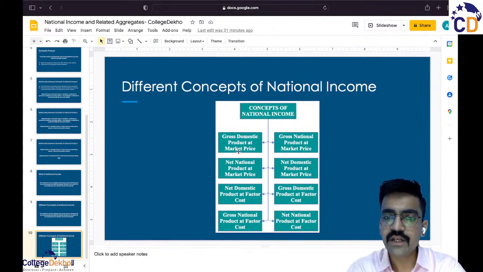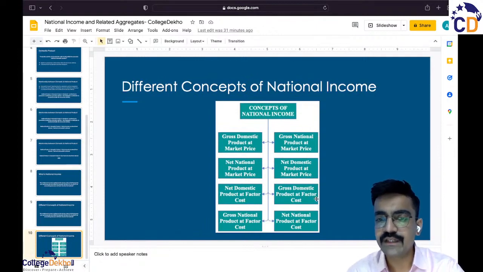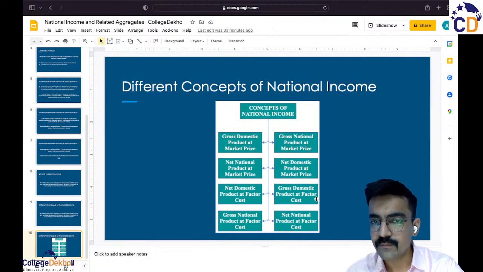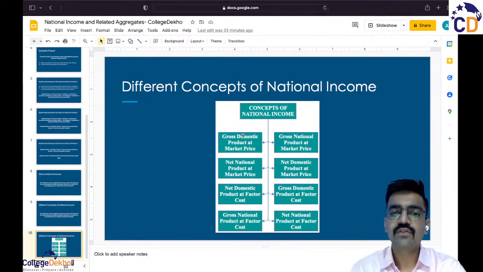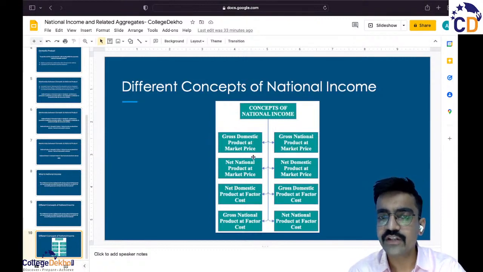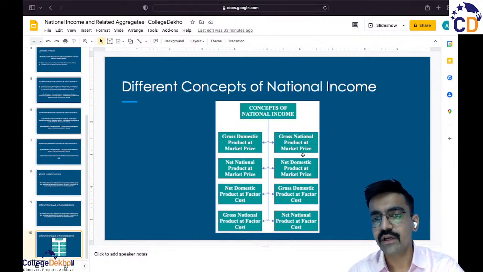Since we know that market price is equal to the factor cost plus the indirect taxes minus the subsidies, in order to arrive at gross domestic product at market price, we could take the gross domestic product at factor cost, add the indirect taxes and subtract the subsidies, right? In this way, according to these three basic distinctions, any type of cost on the national level could be computed. Now, another one is gross national product at market price, right?